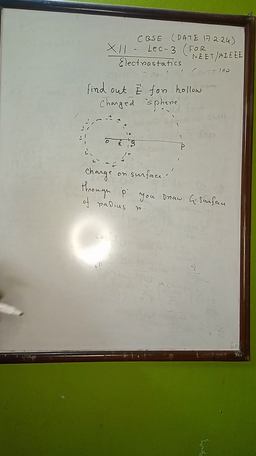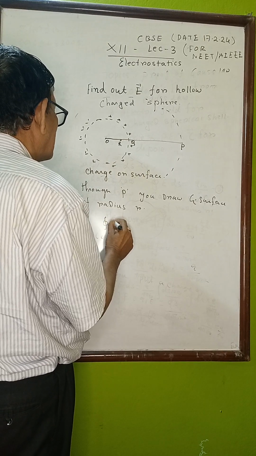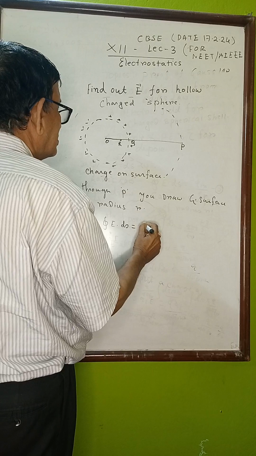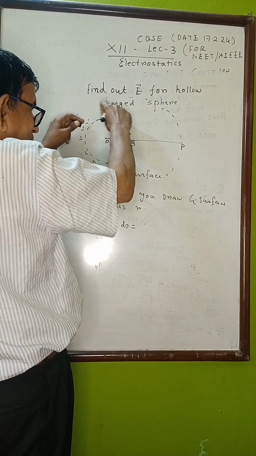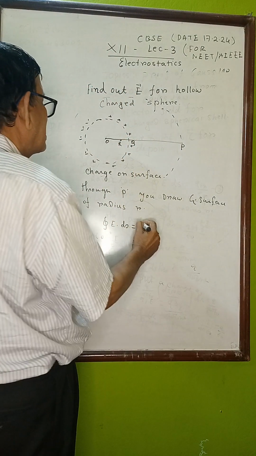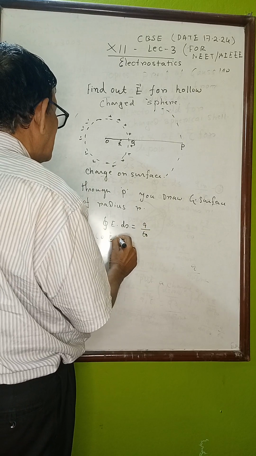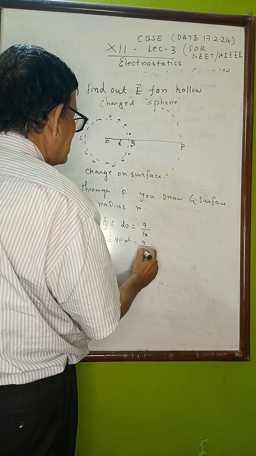Okay, now if you consider Gauss's theorem, integration E dot ds equals total charge, that is the charge of the sphere, because this whole charge is inside the Gaussian surface. So we have Q by epsilon naught. So we have E 4 pi r square equals Q by epsilon naught.